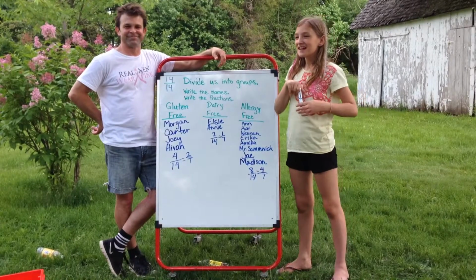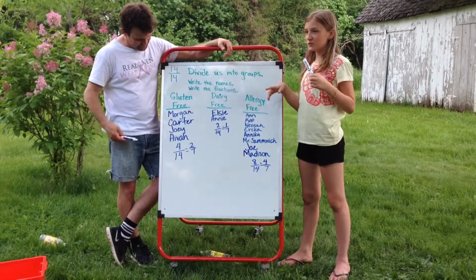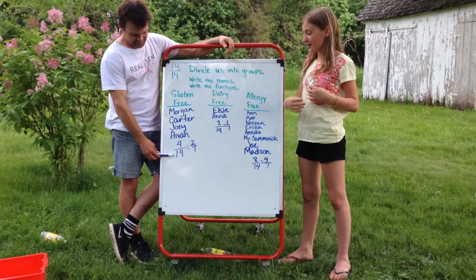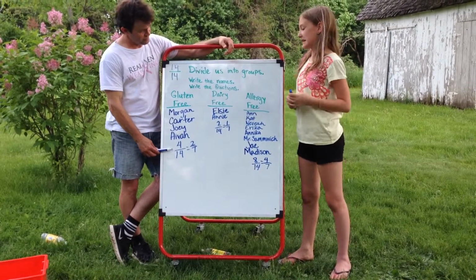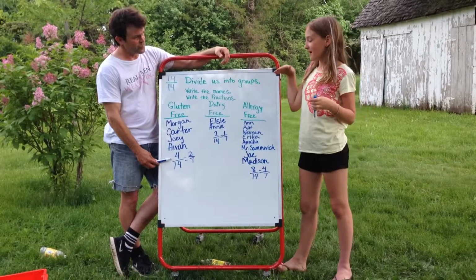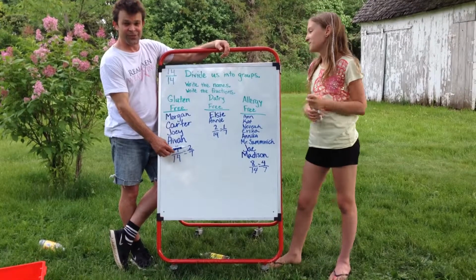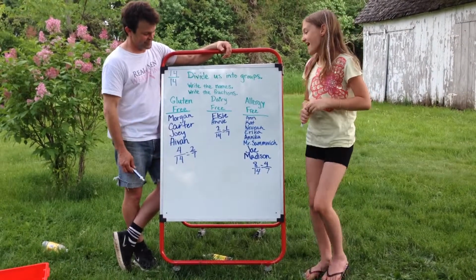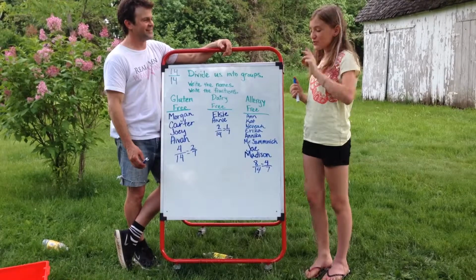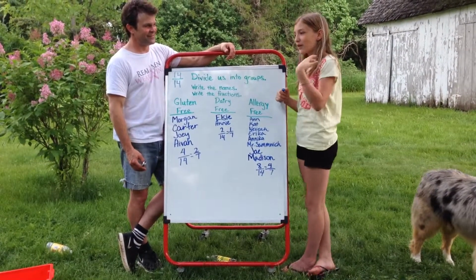So, there's 4 people here that can't have gluten, which is like bread and flour and wheat and stuff. And that's 4 out of 14, which can be cut down to 2 out of 7, so 2 sevenths. 2 sevenths. And then there's 2 dairy-free people, which you can't have like milk and stuff with milk in it.